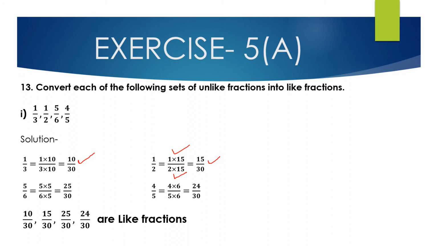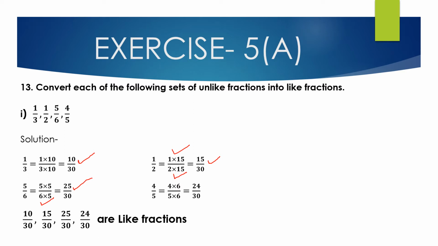As we know, 6 multiplied with 5 is 30. So 5 multiplied with 5 divided by 6 multiplied with 5. So 5 multiplied with 5 is 25 and 6 multiplied with 5 is 30. So we get 25 divided by 30 is the equivalent fraction of 5 divided by 6.